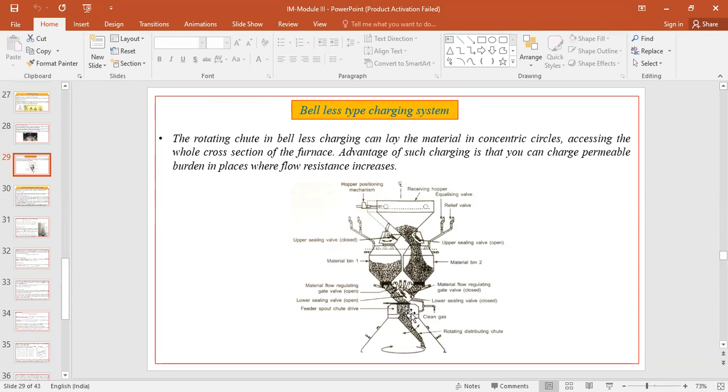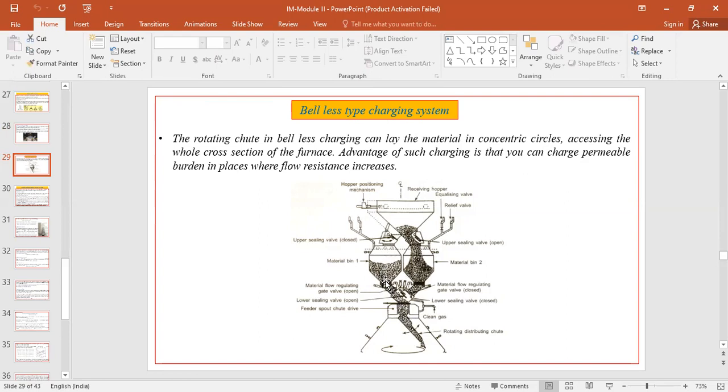Here also, in this particular picture, you have storage bunkers, and you have a regulating wall, where when one bunker is in the discharging mode, the other bunker will be in the charging mode, and here there is a wall which is closed when the other bunker is in the charging condition.